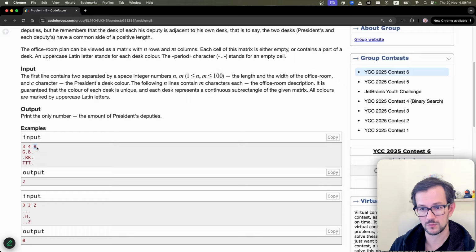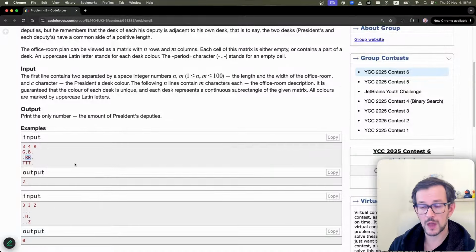So we have one rectangle with this color R. Here it is. We need to find all the rectangles which have a common border with this one. So let's just do it.